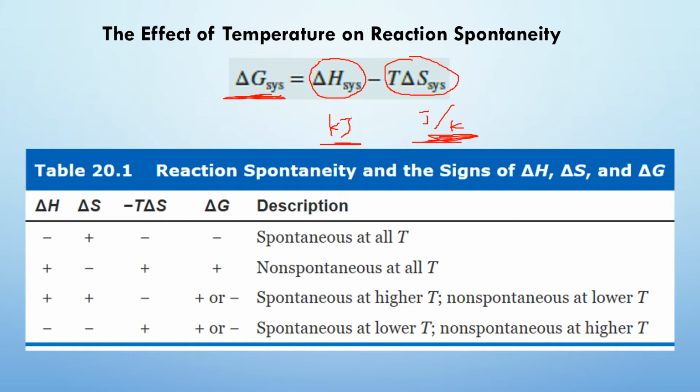Based on the sign of delta G, we can determine spontaneity, and delta G depends on delta H and T times delta S.